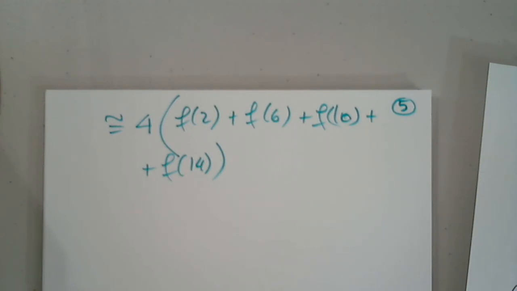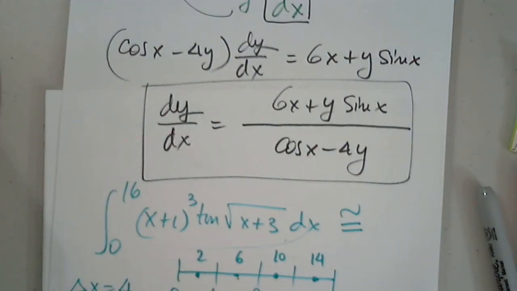I'm going to do it again. So it was 4, because it's delta x. And then the function, one more time. The function was list L1 plus 1, and close and power 3.